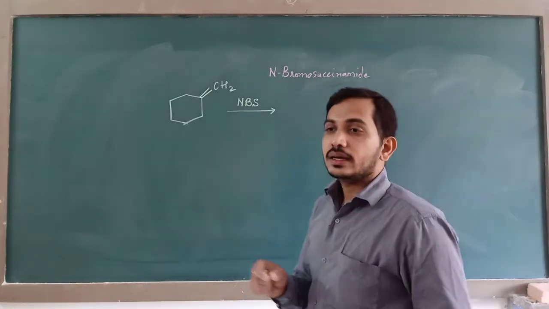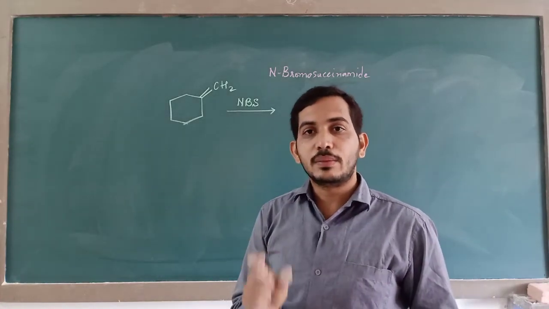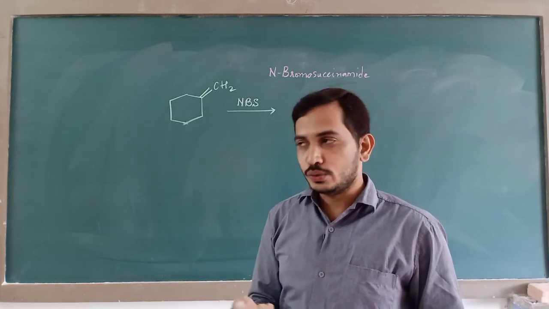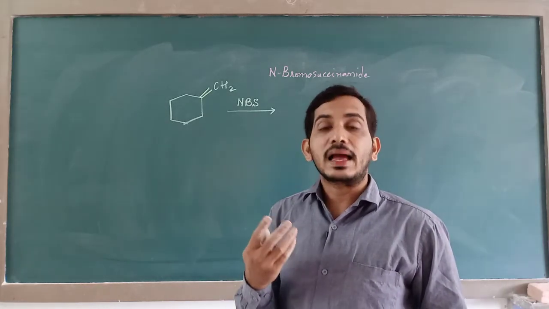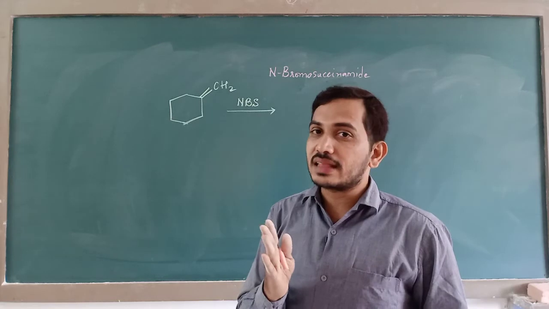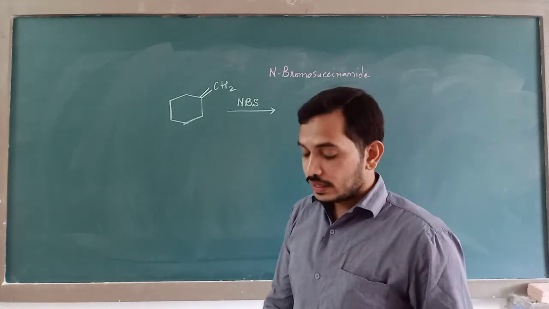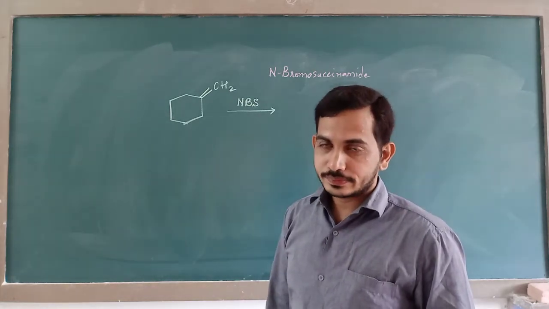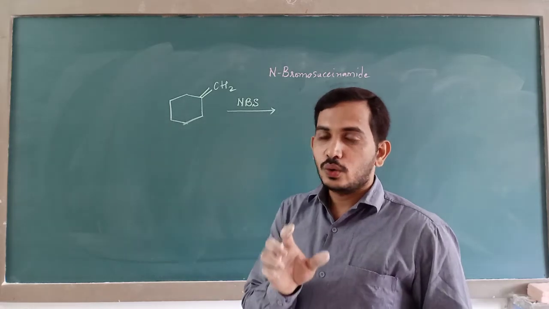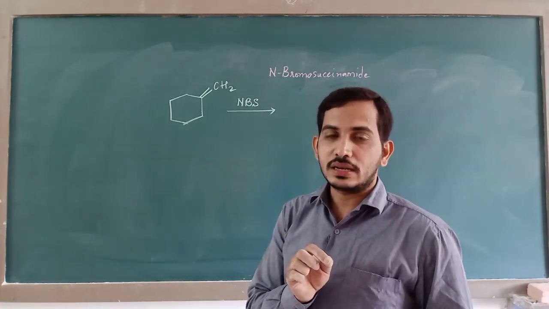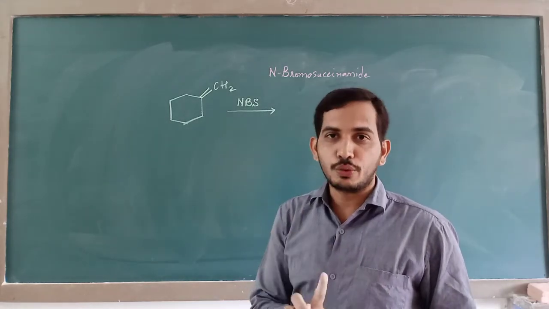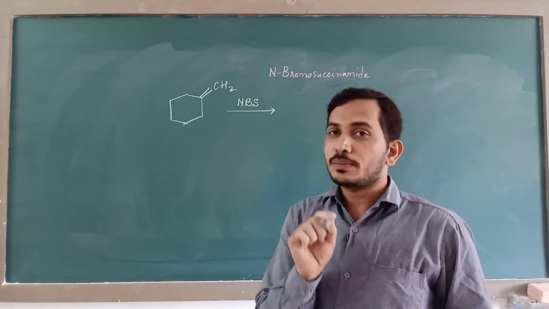Ethylenic means those which contain double bonds. You can usually say alkene type of compounds or ethylenic compounds in allylic position. These are the conditions wherein you can use N-bromosuccinamide. It is used to introduce bromine first. Second, what type of compounds?